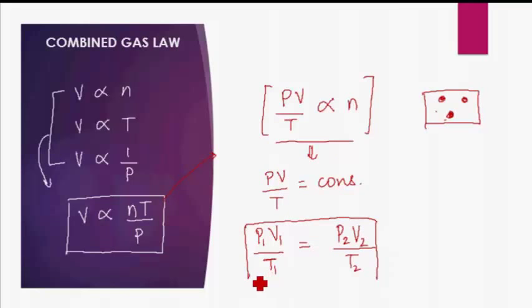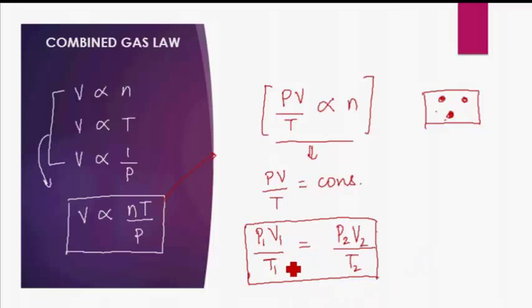Okay, and this equation, PV by T is a constant, or P1 V1 by T1 is equal to P2 V2 by T2, assuming that the amount of gas inside the container is fixed, is called the combined gas law. Okay, that is, it combines the various gas laws that we have studied in previous sessions into one single law.